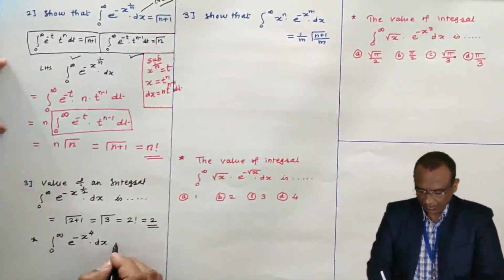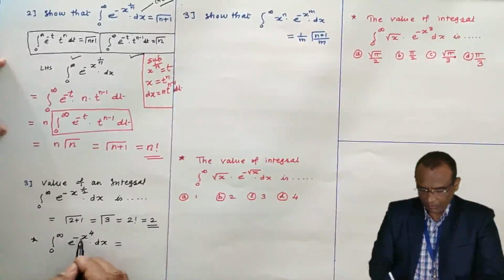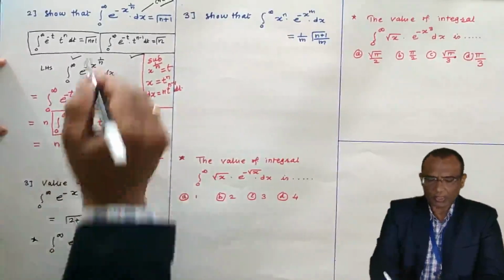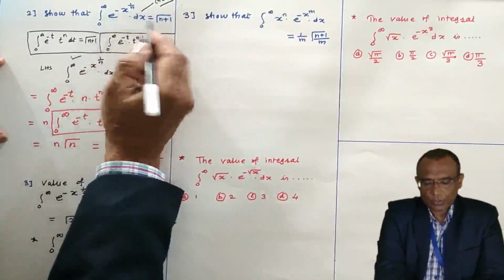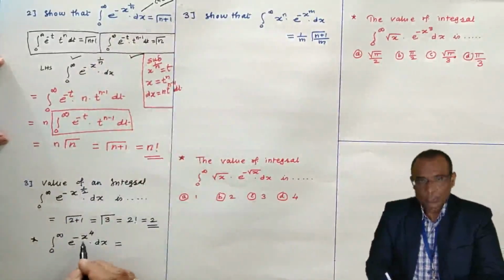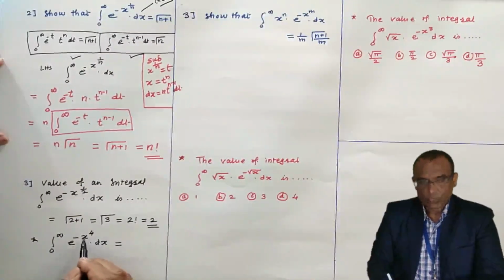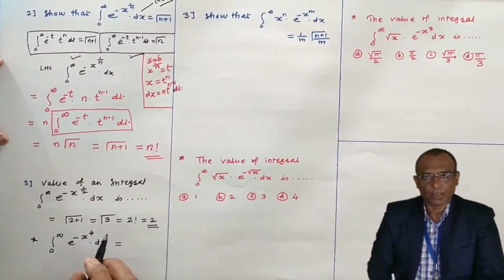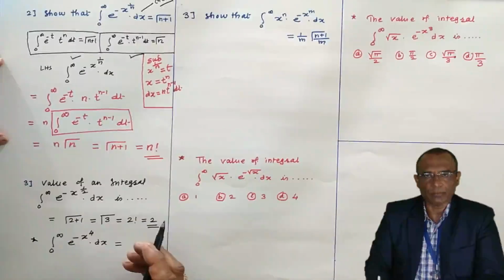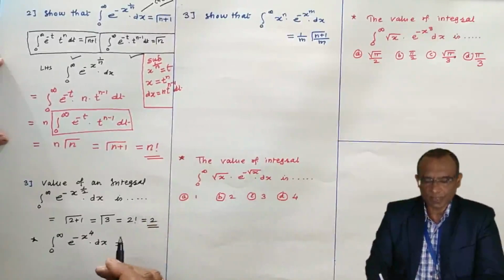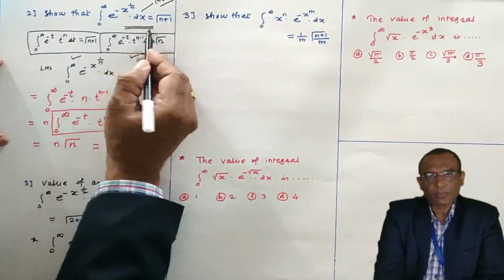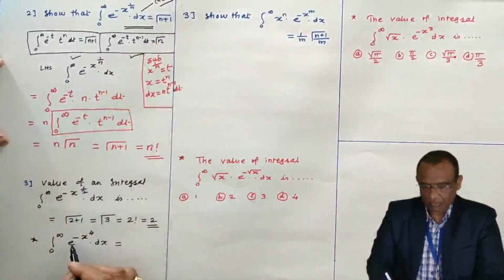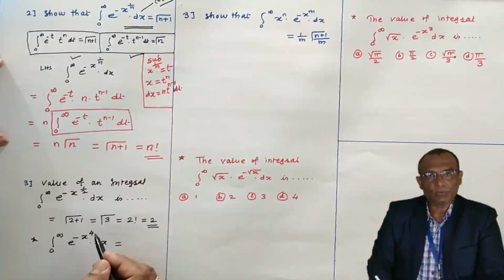If you use this formula directly, you can solve this problem by substituting x to the power 4 equal to t and go on solving, and you will get the value. But 3 to 4 steps will be required. Instead of doing that, if you remember this formula, in a single step you get the value of the integral of e to the power minus x to the power 4.